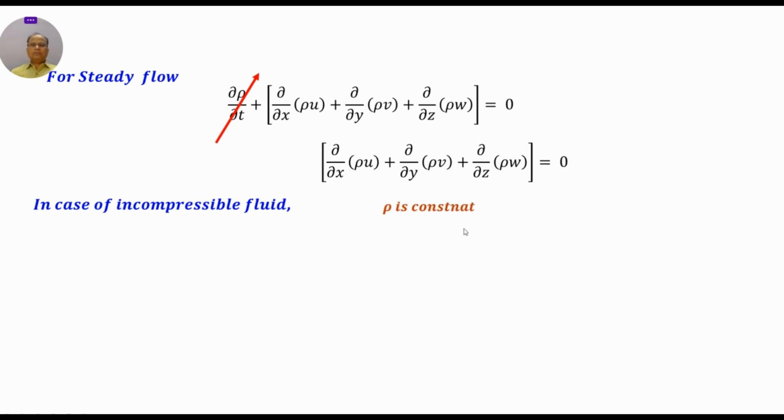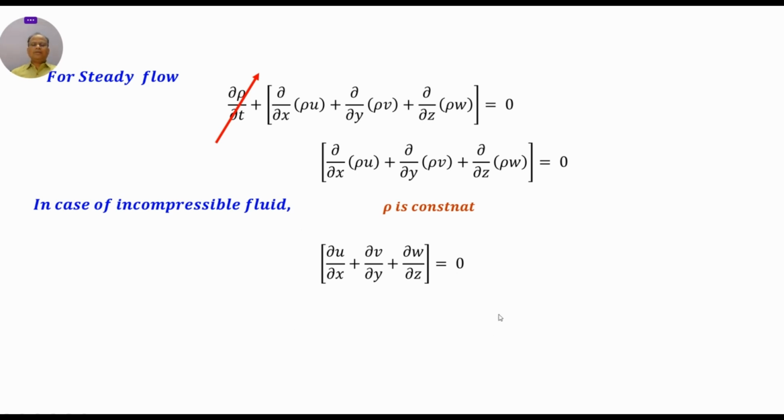So we can take the density out of the bracket. The final equation for all these conditions is ∂u/∂x plus ∂v/∂y plus ∂w/∂z is equal to 0. So this continuity equation is applicable when the fluid is in steady state and incompressible.